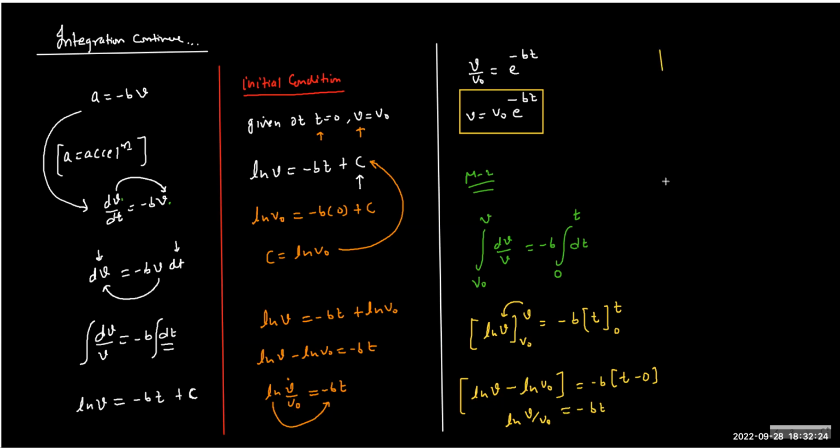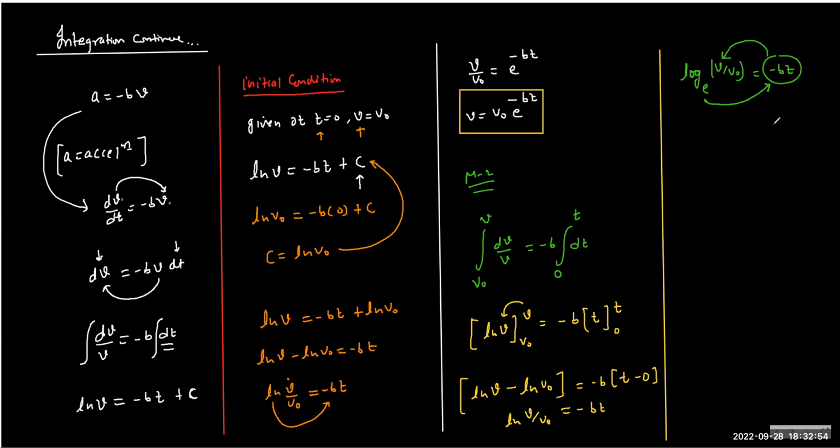And therefore, again it's the same thing. Whenever we have ln, which means log base e of v by v naught is, in a logarithm, what we learned is that this is called the power. So the base to the power gives the value. This is the power, this is the base.